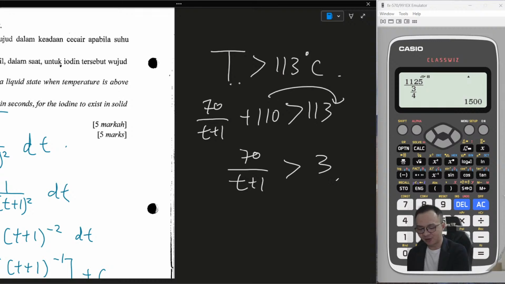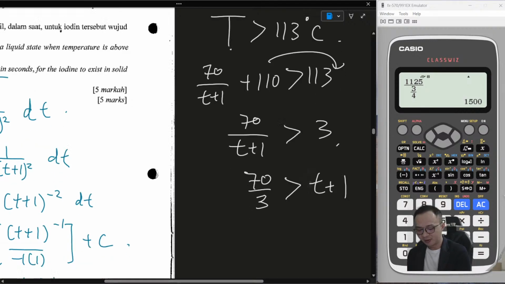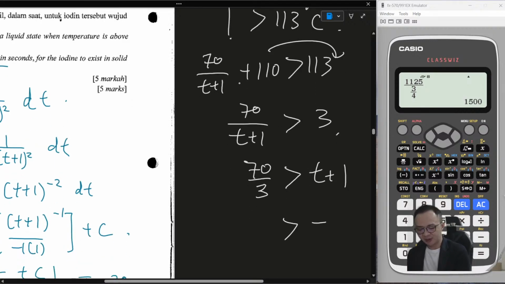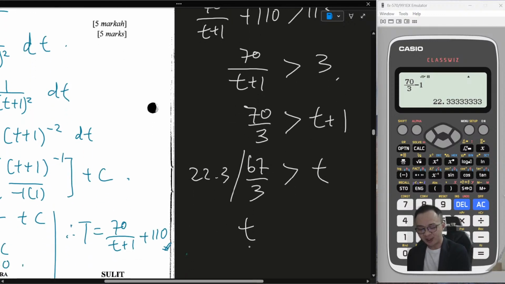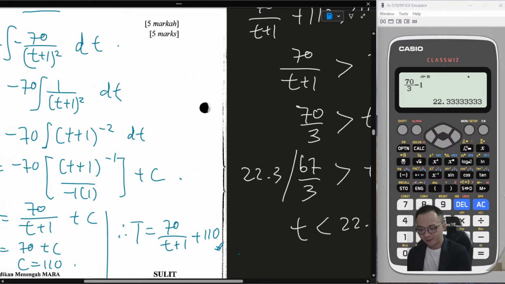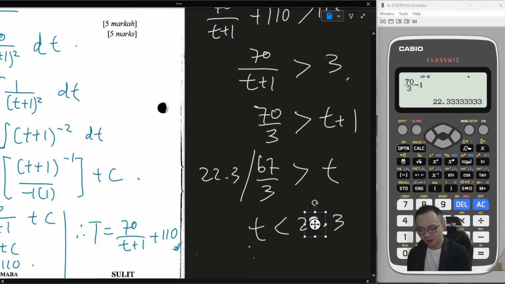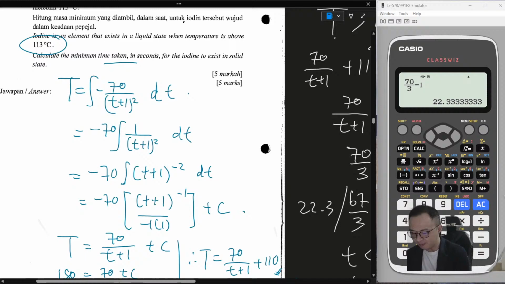Minus 110, I will get 3. So 70 over 3 will be T plus 1. Then T will be 70 over 3 minus 1, which is 67 over 3, but I prefer the decimal, 22.3. So T must be less than 22.3. What does the question say? Minimum.